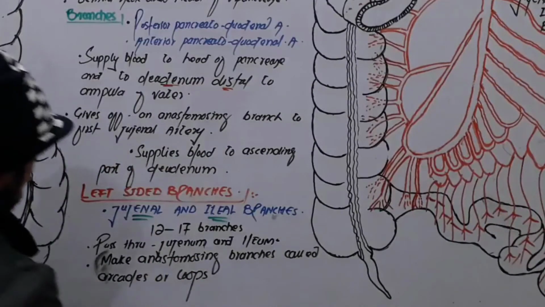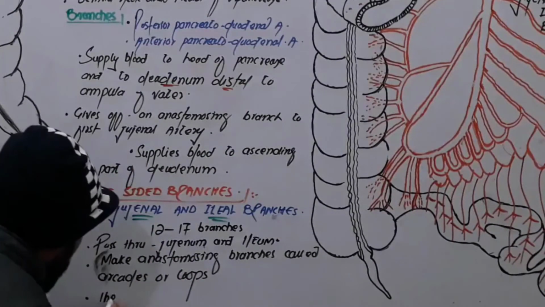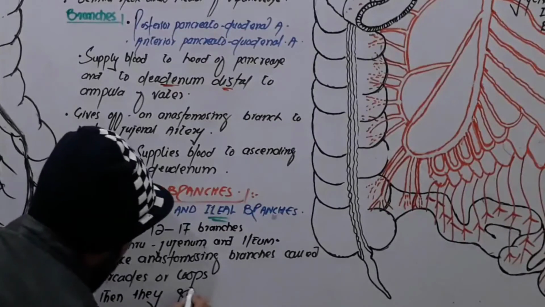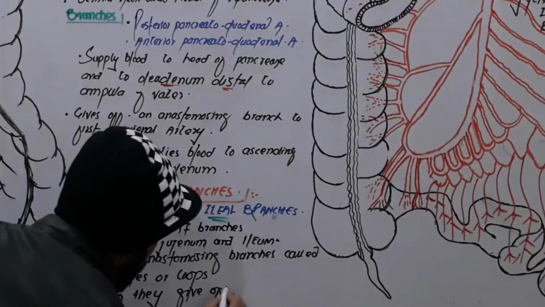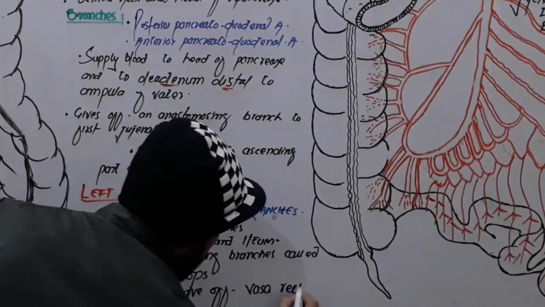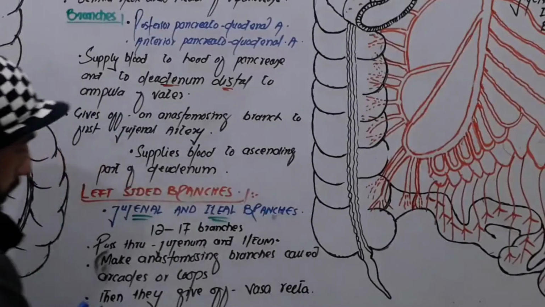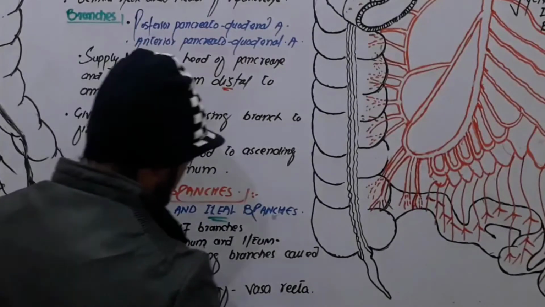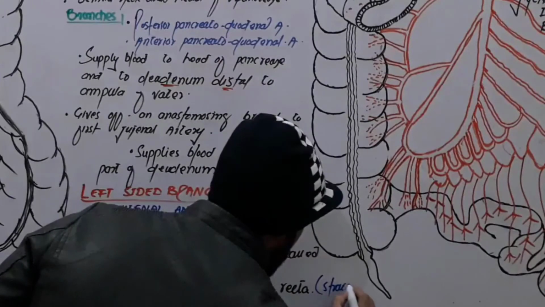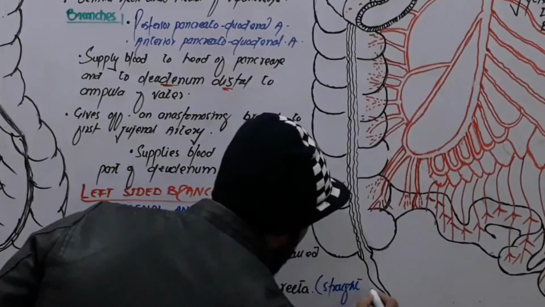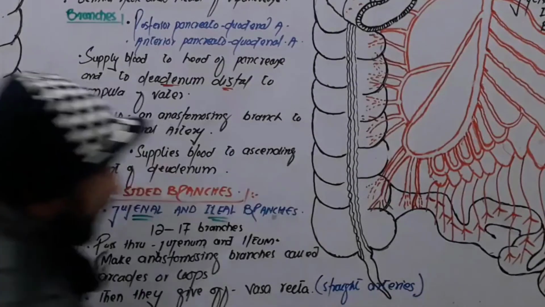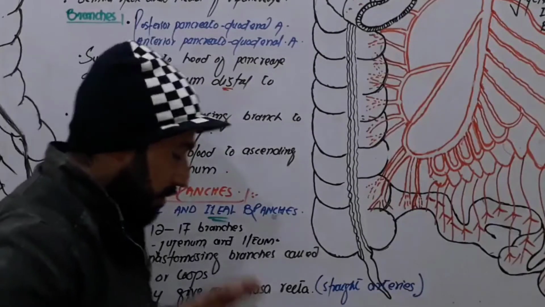Then they give off vasa recta, or they are called straight arteries. Clear, friends?